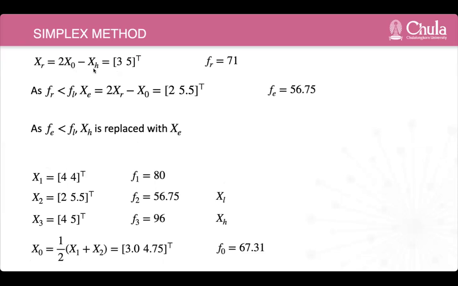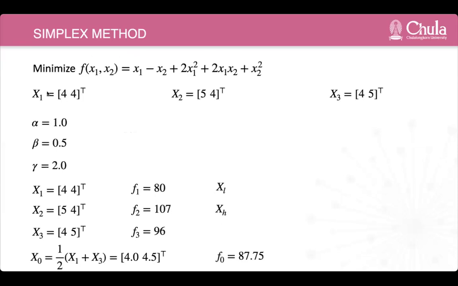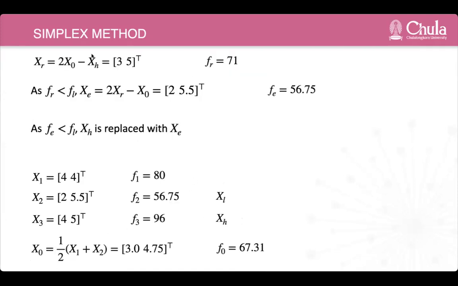Okay, so you see, not from XL. We will project from x2, which has the highest objective function, through the centroid. We take XH and the centroid. So our XR trial vector is calculated from the centroid and XH.